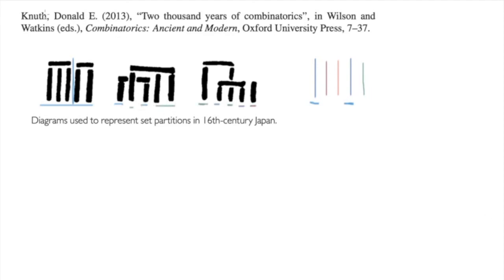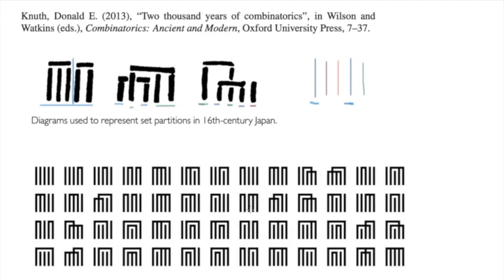Donald Knuth also goes on to demonstrate how these kinds of diagrams were used to represent the 52 chapters of the Book of Genji, which is this classic work of Japanese literature. Each of these diagrams represents different ways of partitioning the sticks of incense.